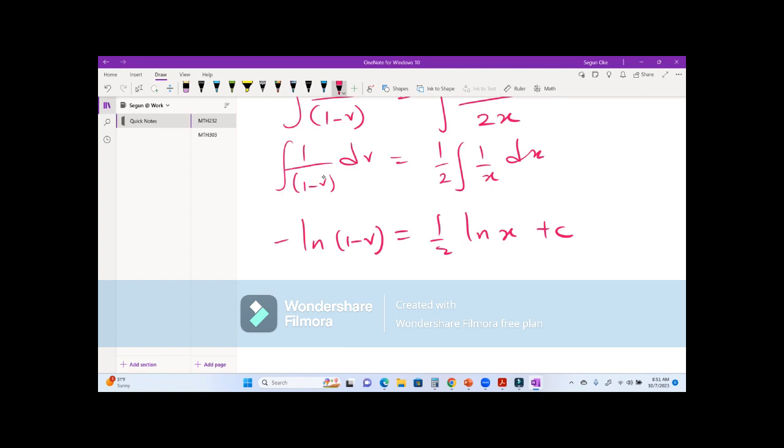Why is it minus? If this one were positive, it would be positive, but because this one is negative, go and check your integration and discover that right.